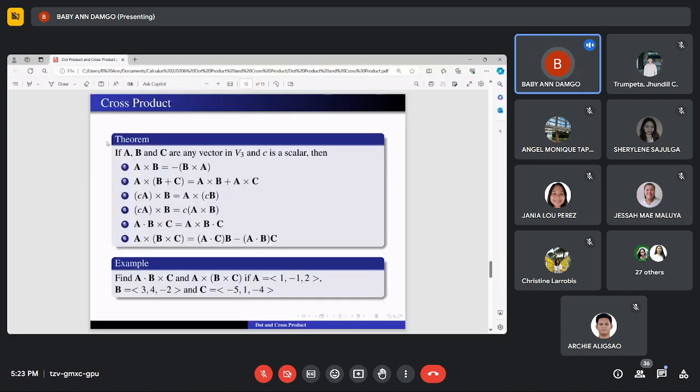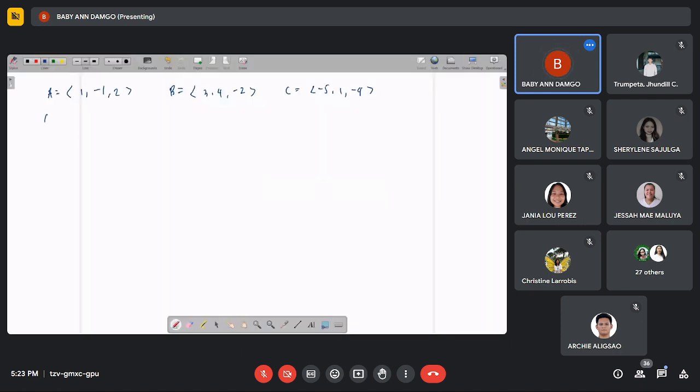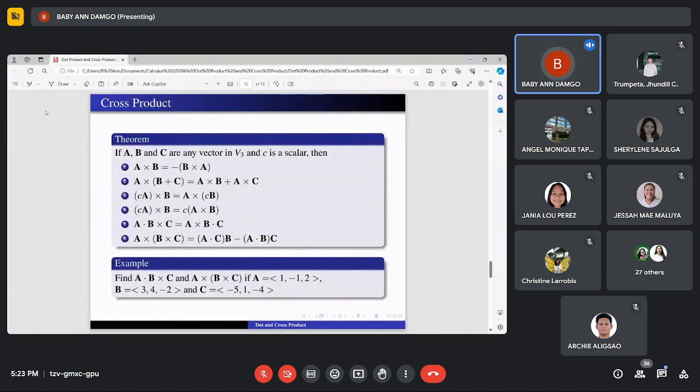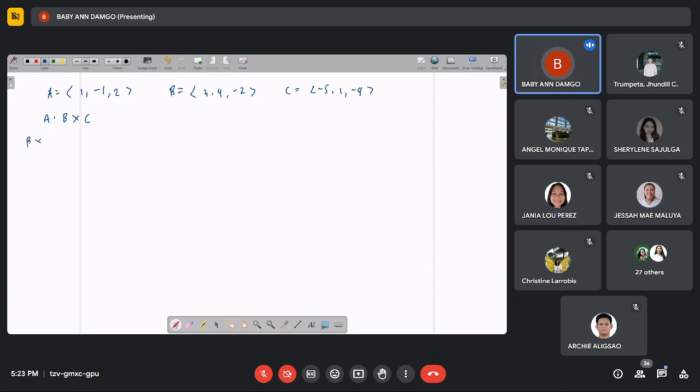Okay? And then we need to solve for A dot B cross C. So first is the B cross C.